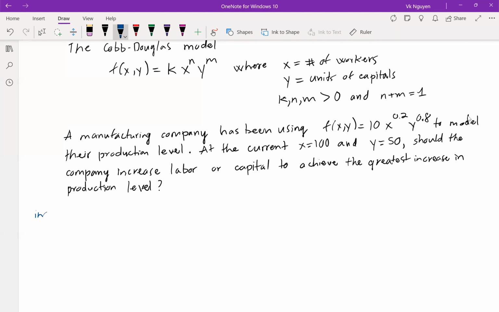Increased labor is going to lead to an increase in production level.